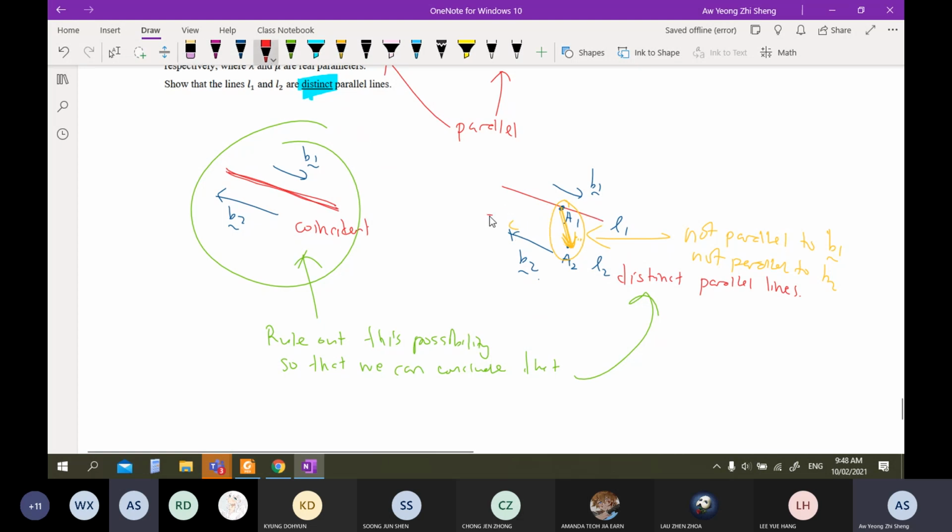If you are able to show that the vector A1A2 is not parallel to B1, then it's good enough to conclude. Because if it's not parallel to B1, then of course it's also not parallel to B2, because B1 and B2 are parallel. Then that's the first method.